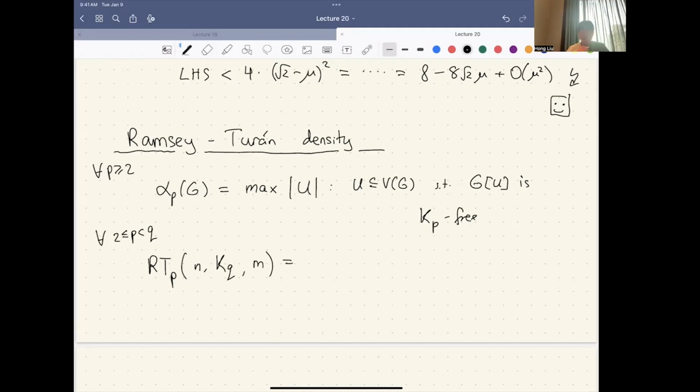This is the maximum number of edges of an n-vertex graph G that's K_q free. So far, nothing very special, but in Ramsey-Turan, we require its independence number to be small. So instead of the normal independence number, we require alpha_p of G to be at most m.